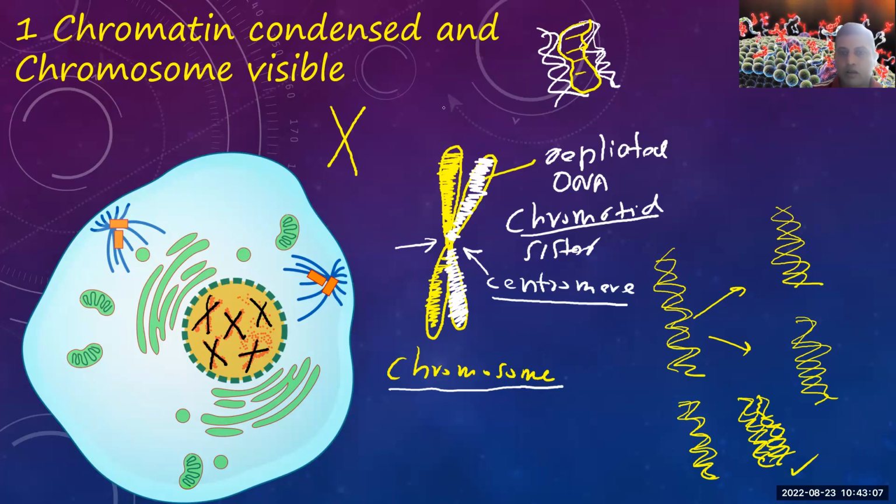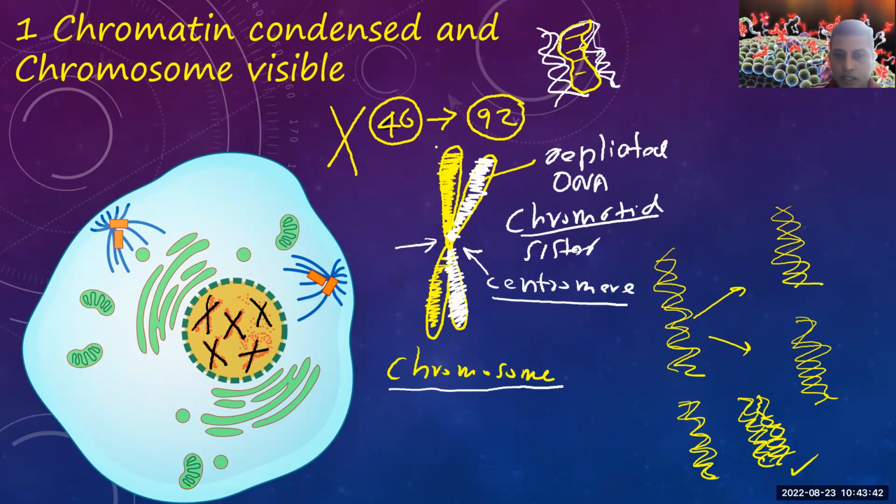Because the 46 now become 92. 46 chromosomes become 92 after duplication, right?